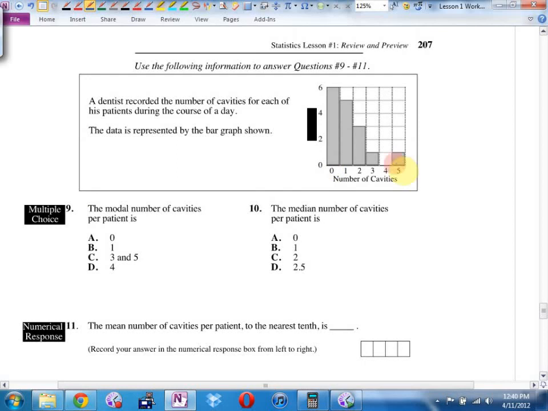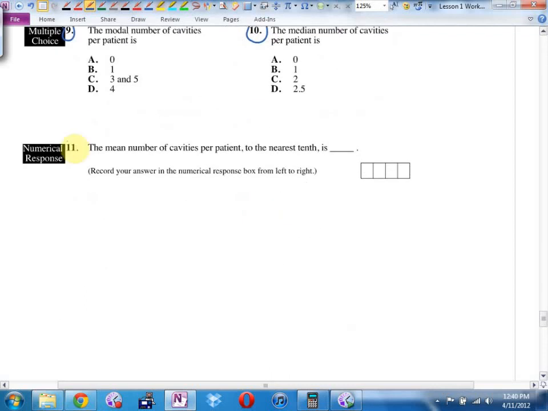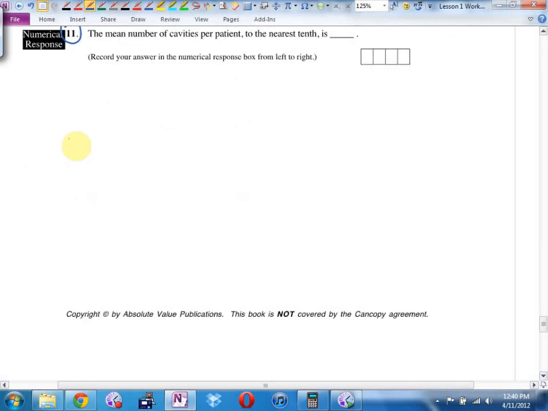This is a histogram, but how many had 0 cavities? 6. How many had 1 cavity? 5. So you can read it from the graph, just like the frequency chart. So number 9, 10, 11.